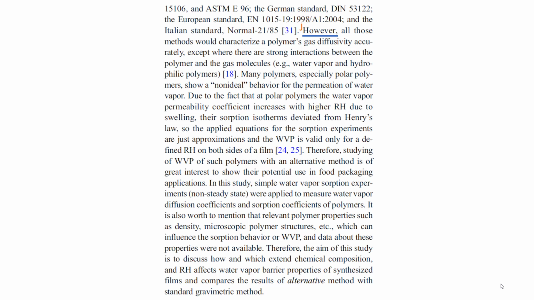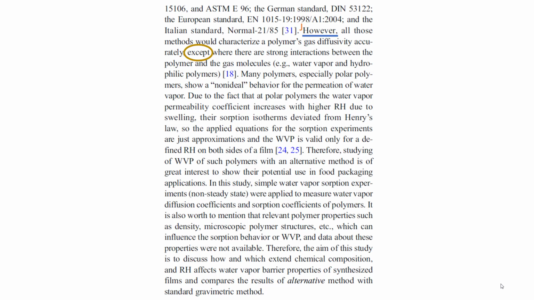All right, so we have measurements that we can do. However, there's a problem with this too. These measures are able to accurately characterize how the gas can pass through the polymer, except where there's a strong interaction between the polymer and gas molecules. In other words, in a situation where you have water vapor, that's exactly the situation that we're dealing with in the vegetables.